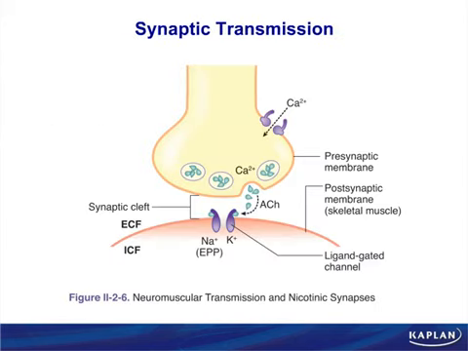So here's a nice pictorial rendition of the alpha motor neuron synapsing onto a skeletal muscle cell. So there's our presynaptic membrane and postsynaptic membrane. This occurs, of course, across a synaptic cleft. Don't forget that postsynaptic membrane here, skeletal muscle, is also called the sarcolemma.